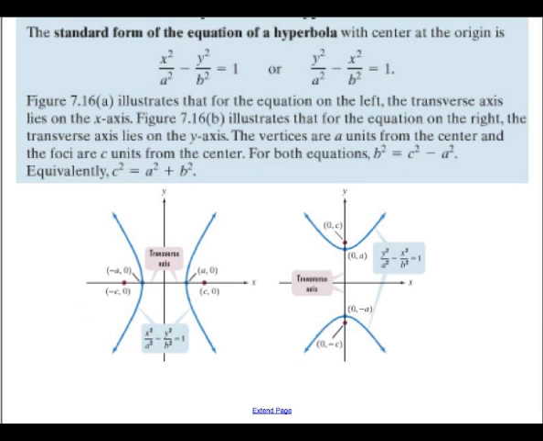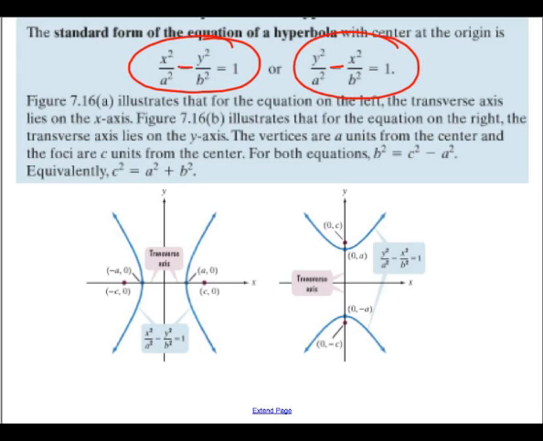Hyperbolas. What's interesting about their rules, their standard form before we translate them and shift them, instead of adding, we subtract. So the rules are very similar to ellipses, but we're going to subtract: y squared over a squared minus x squared over b squared.